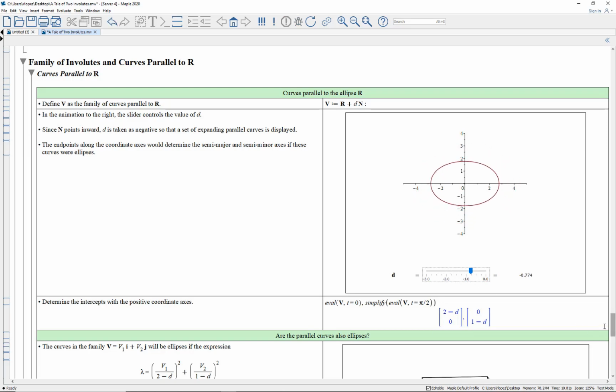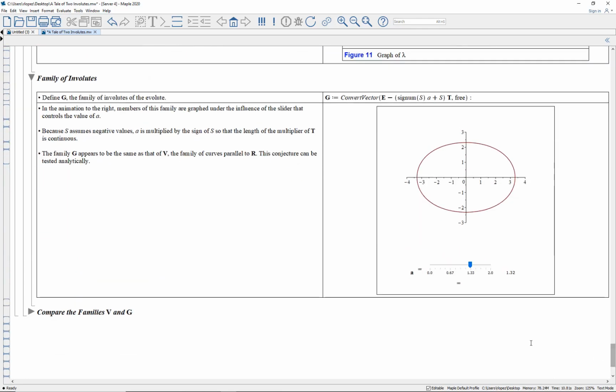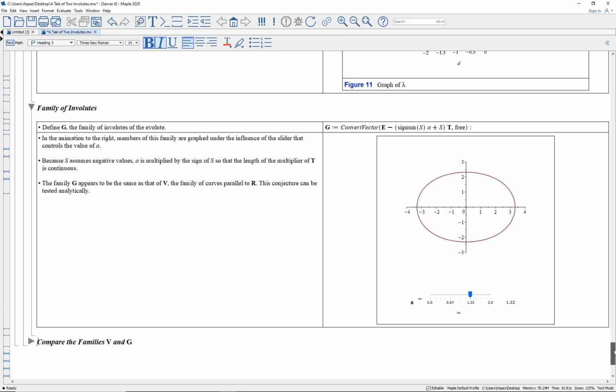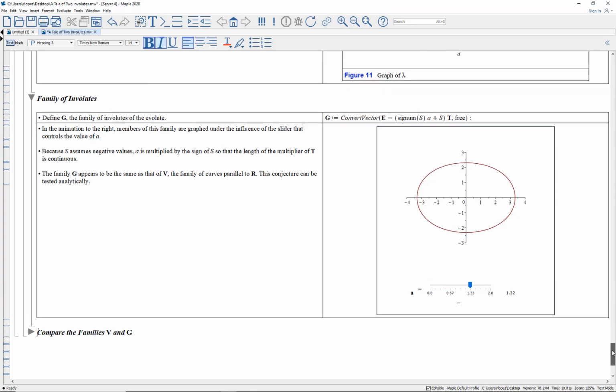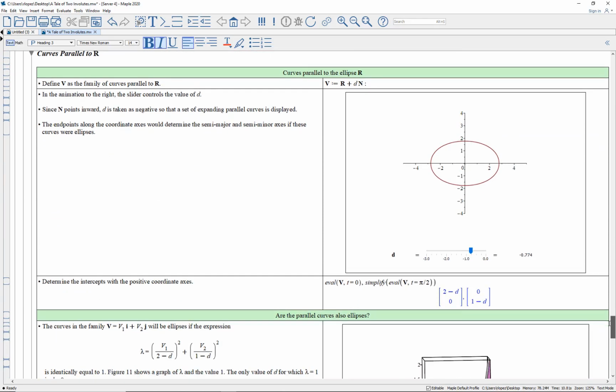Can we get some analytic proof that these two families are the same? So we have these two families of curves that might be parallel curves for the ellipse.